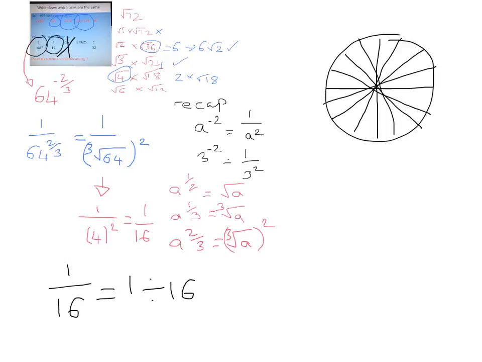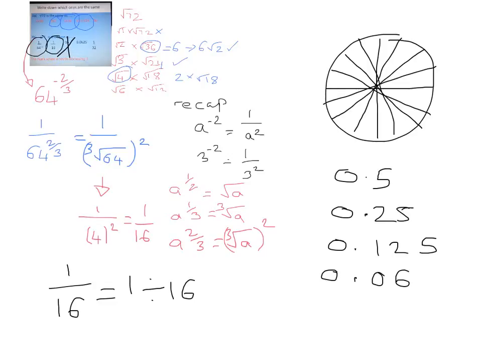So in terms of a quick calculation, if you didn't want to use any other method, you could use a half, so 0.5, and then half 0.5 to get 0.25, then half that again to get you 0.125, and then finally half it again to get you 1/16, which is 0.0625.